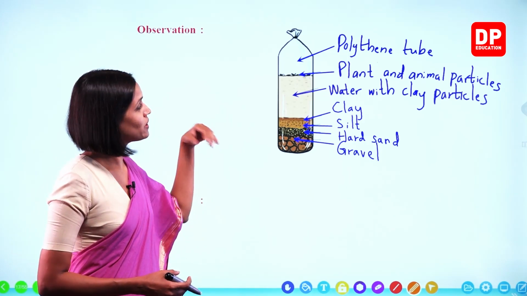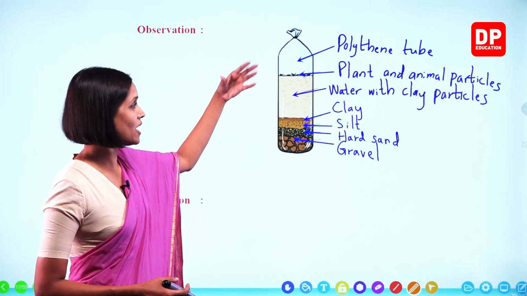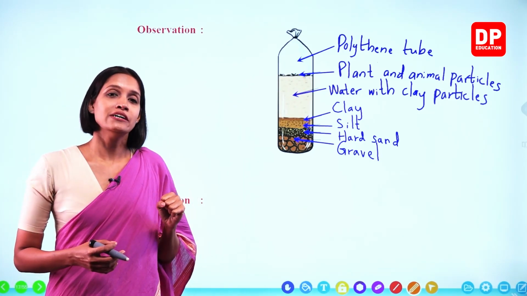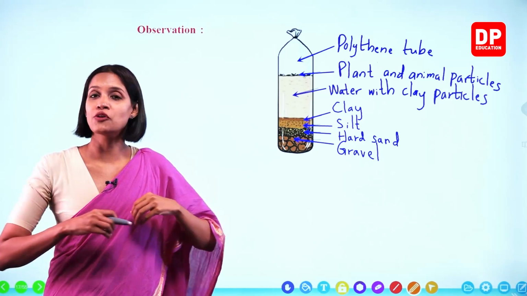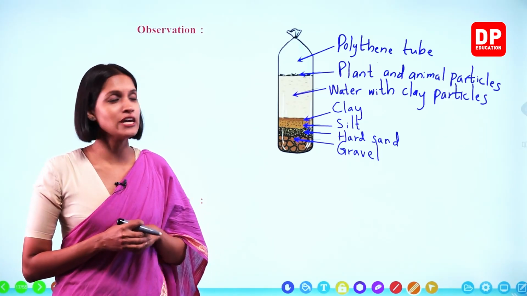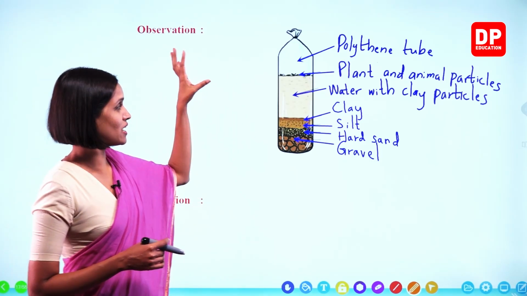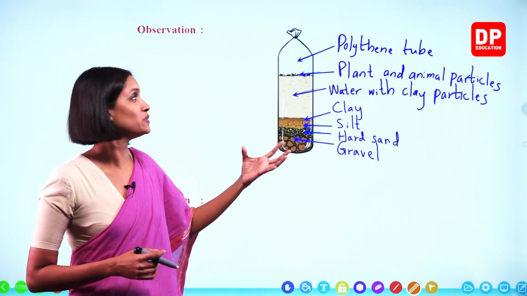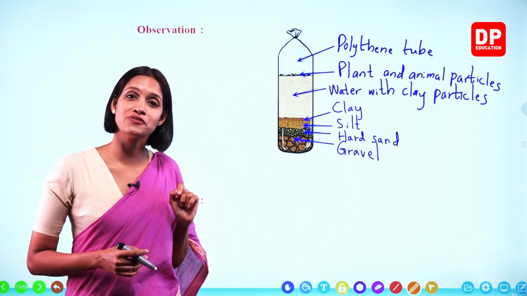Okay, children, and you won't be able to see a lot of plant and animal particles if you took your soil sample from somewhere very dry without any plants at all. Okay, so that's why I said it's better to take the soil sample from somewhere around a tree, so that you can observe these particles as well.